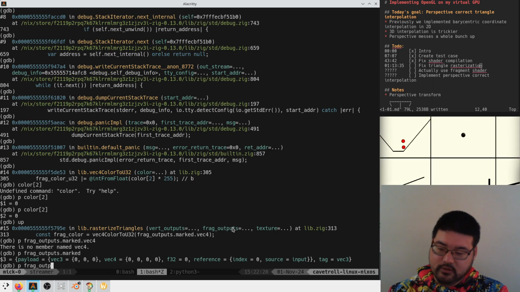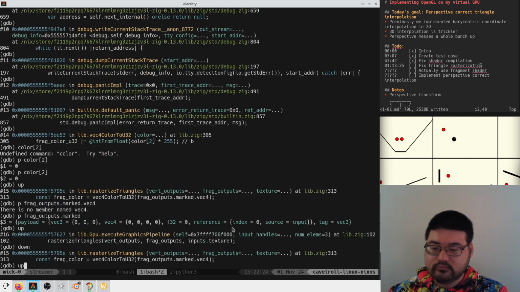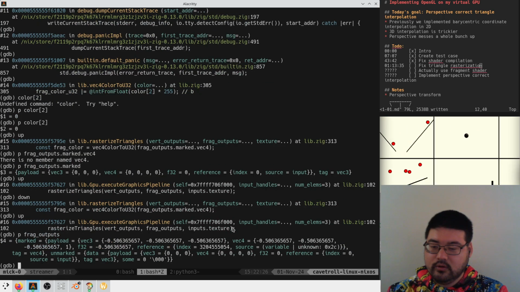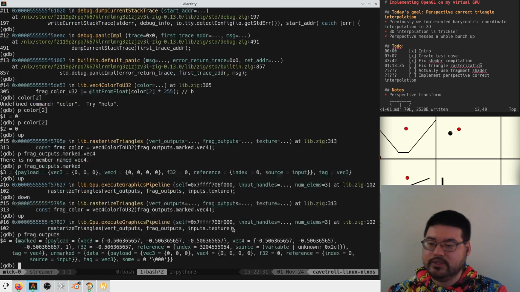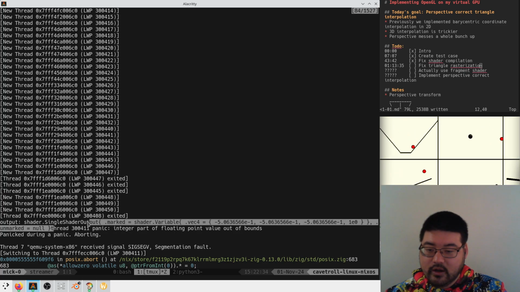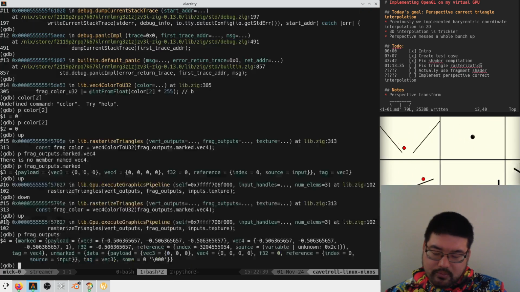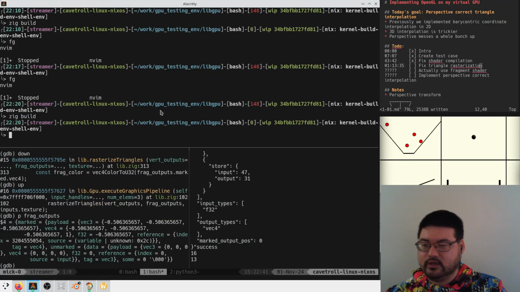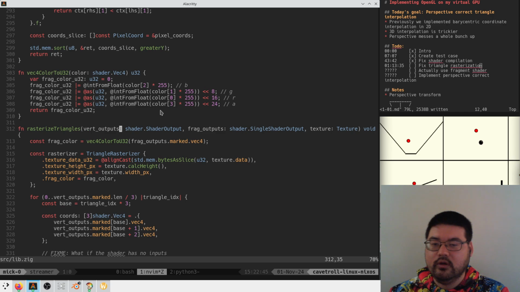So the thing we printed was right, but this is just empty. So what's going on there? Because we printed that we got a vec4 here. So somewhere between when we printed and where this crashes, we messed that up.